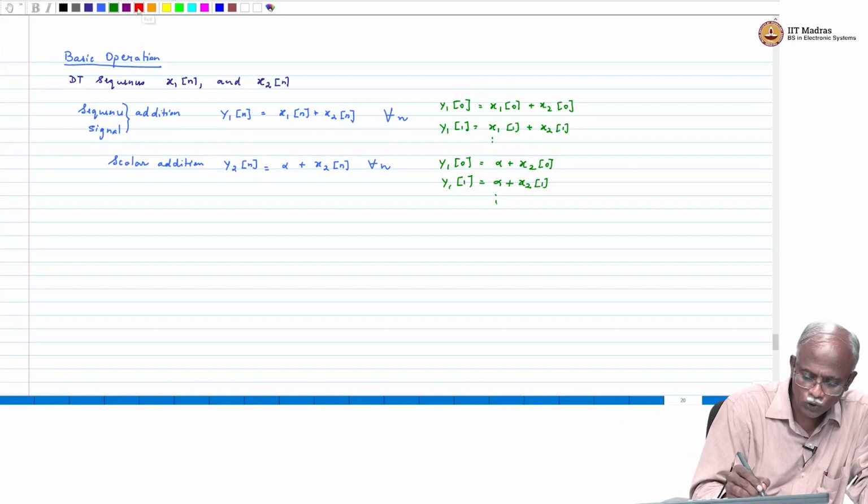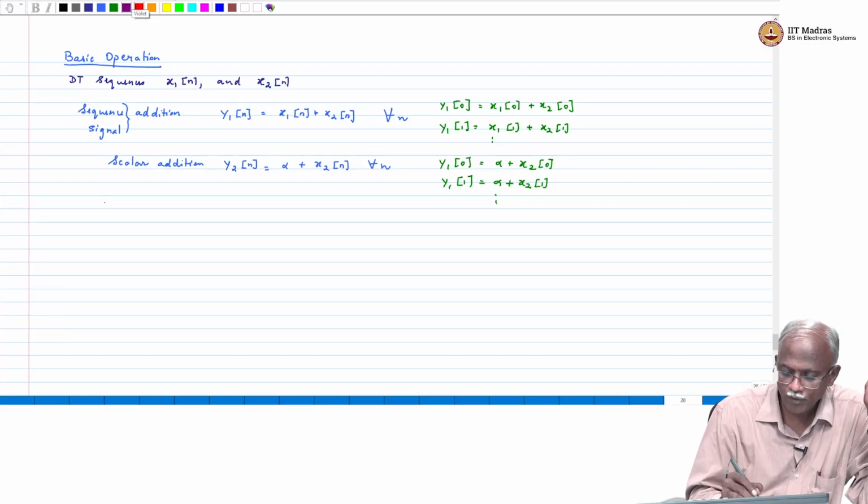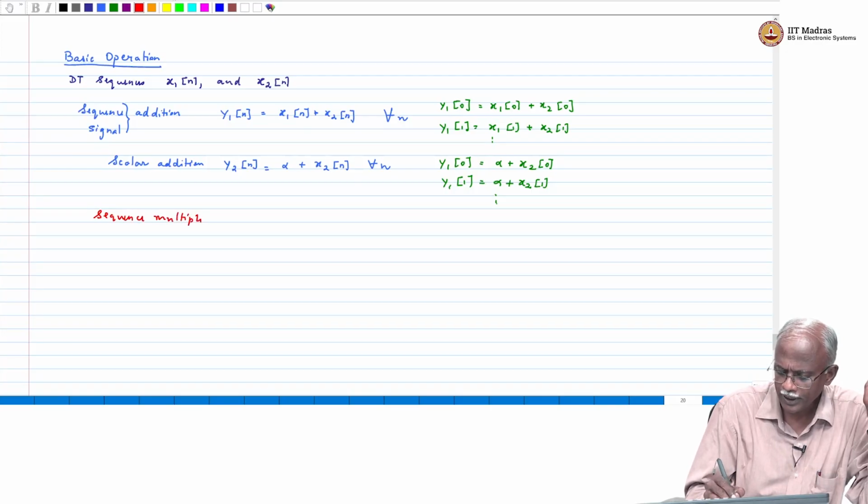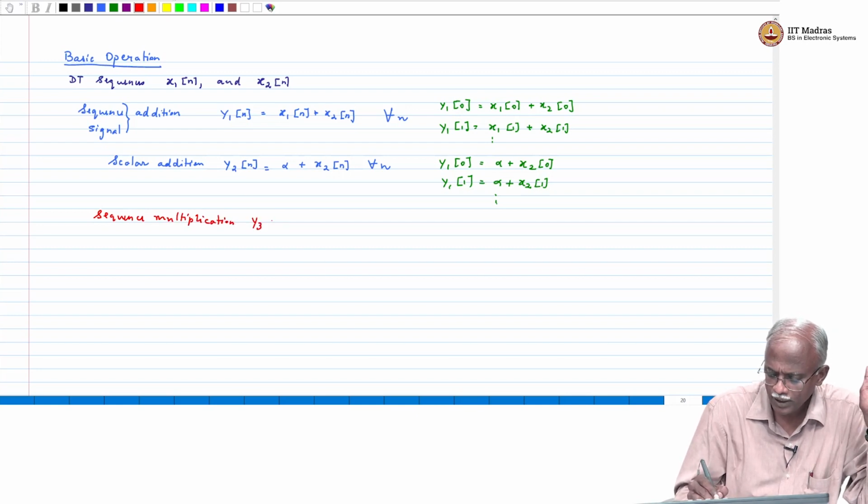Then come the two important operations involving multiplication. One is sequence multiplication. So y3 of n is equal to x1 of n multiplied with x2 of n. What do we mean?